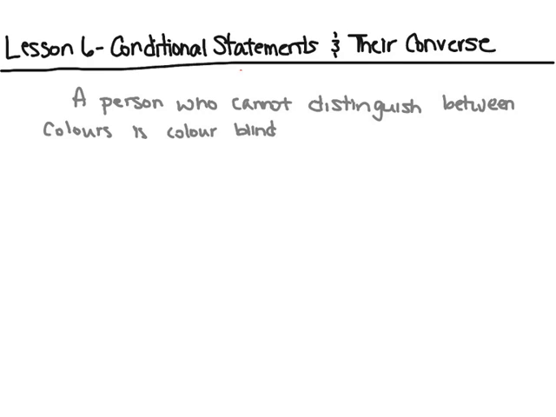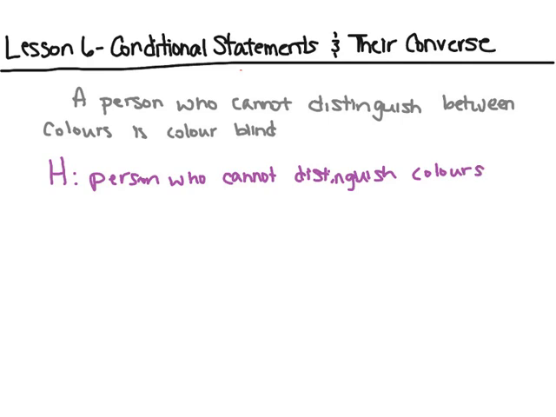Example 3. A person who cannot distinguish between colors is colorblind. So our hypothesis is a person who can't distinguish between colors, and our conclusion is then they are colorblind.